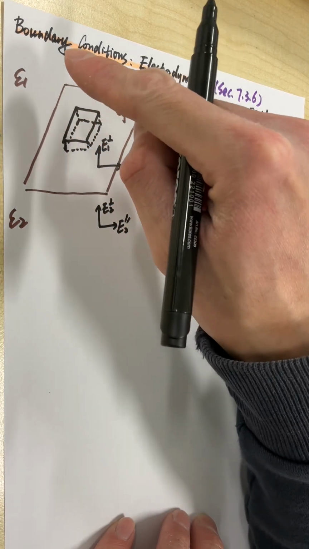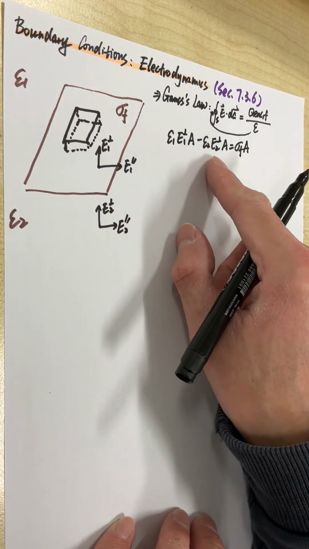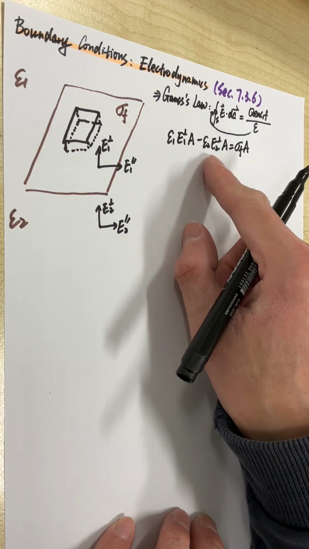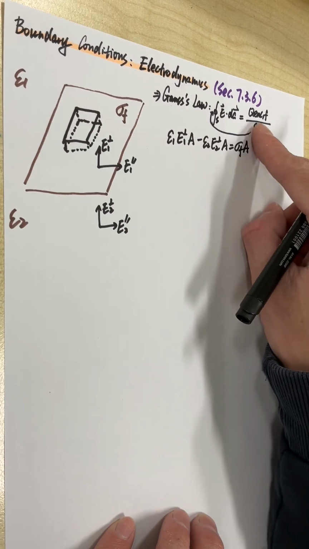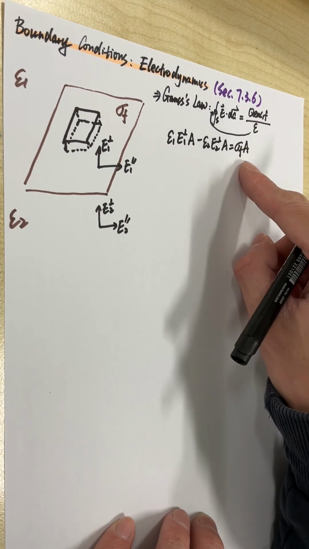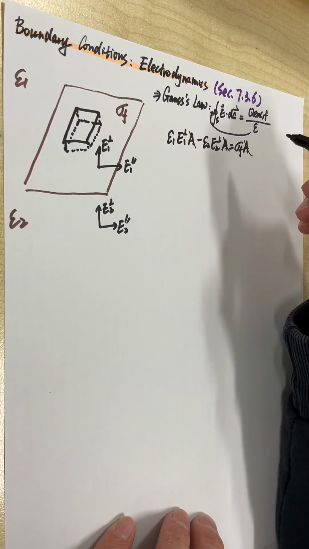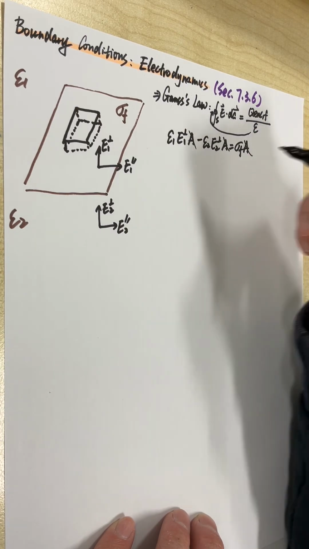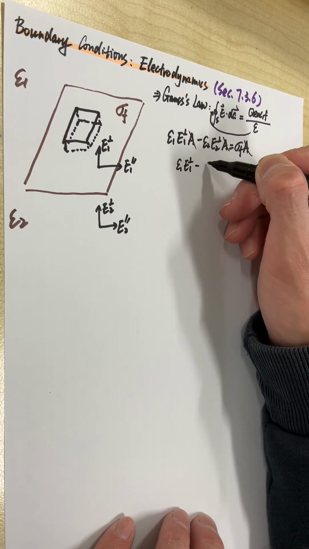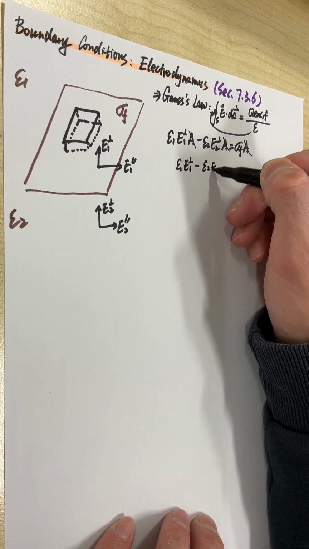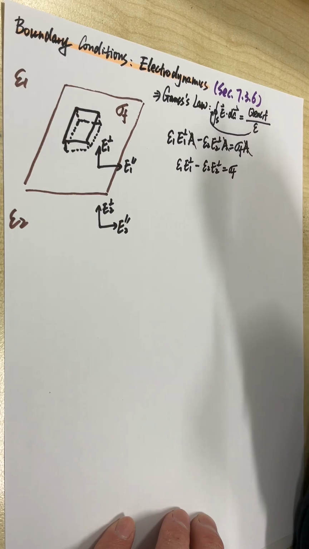Upper space and lower space don't have the same permittivity anymore, but they share the same total free charge enclosed. So if we delete A, we have epsilon 1 E1 normal component minus epsilon 2 E2 normal component equals the free surface charge density.